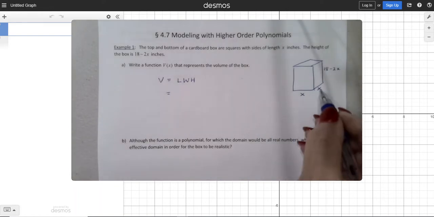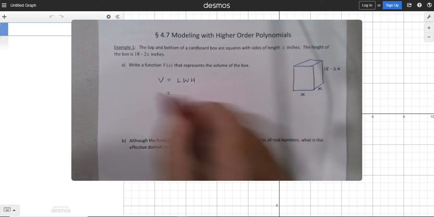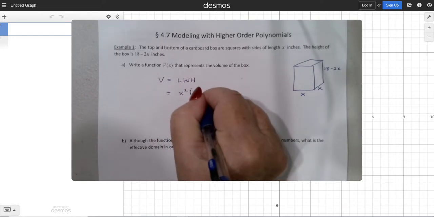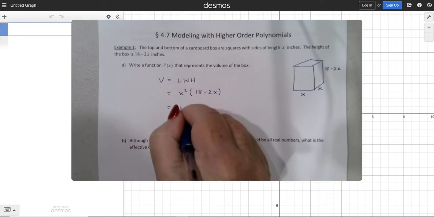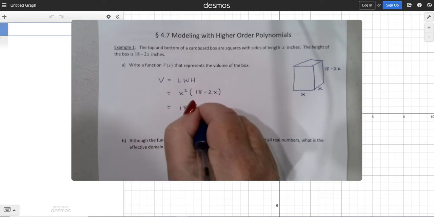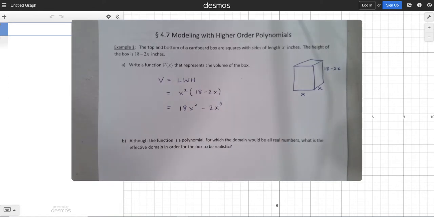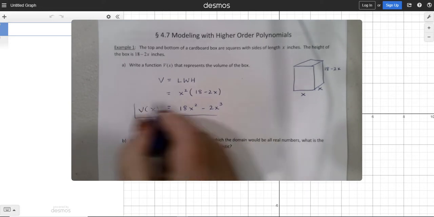So if I multiply that length, width, and height together, I'll get x times x, or x squared, times 18 minus 2x. And I'm just going to finish multiplying that out. 18x squared minus 2x cubed. And so now I've got volume expressed as a function of x.